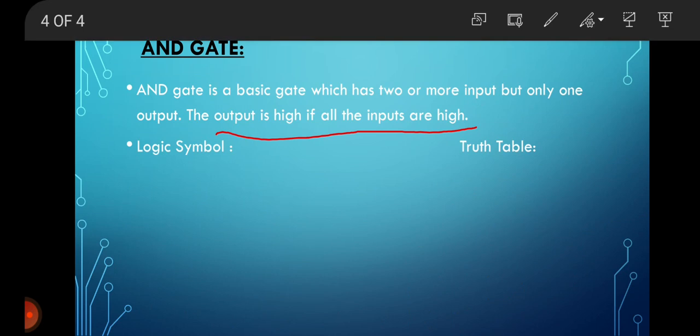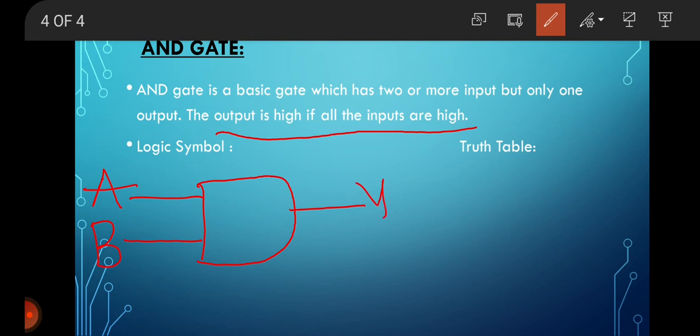See the logical symbol of the AND gate. Here is input A, input B, and this is the output. So this is the logical symbol of the AND gate, and the Boolean expression is Y. Boolean expression means the relation between input and output.